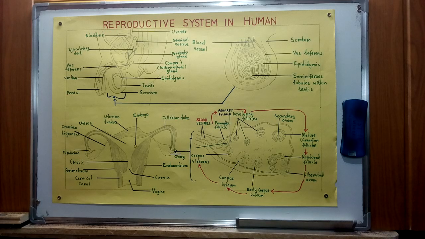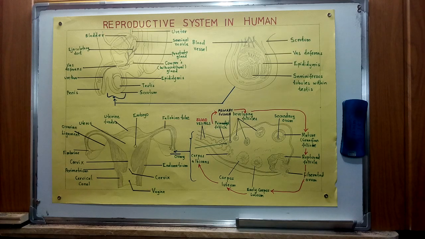So, apart from producing androgens such as testosterone, the male reproductive system also facilitates the transfer of sperms into the female reproductive system to facilitate fertilization, which eventually leads to the development of a fetus and a new offspring.